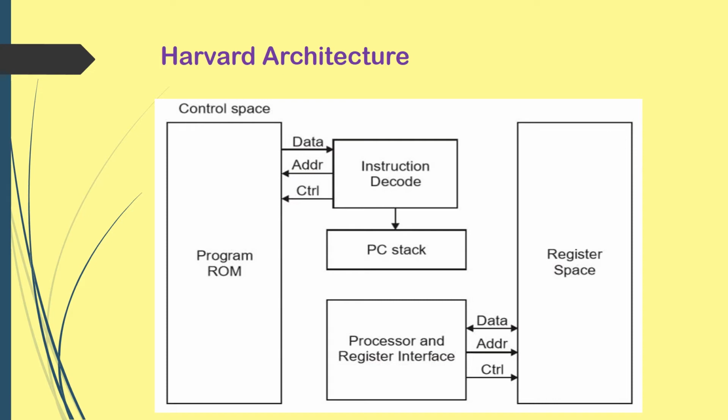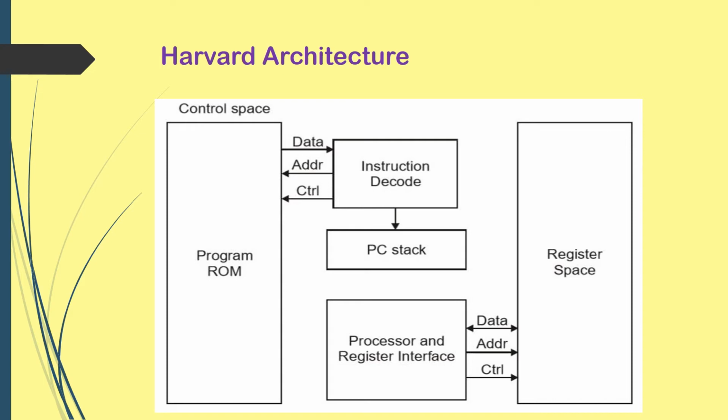So here you can see the two separate spaces. Both concepts are similar except in the way they access memories. The idea behind the Harvard architecture is to split the memory into parts, one for data and another part for programs.